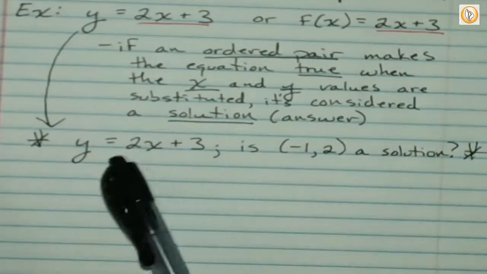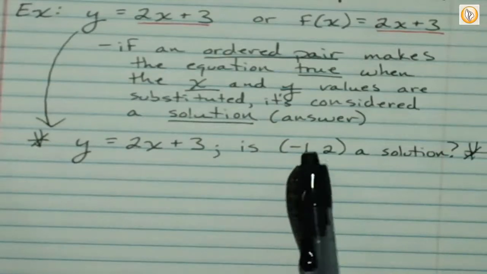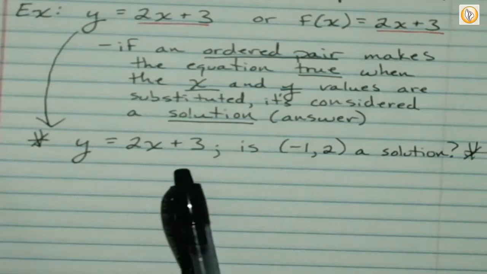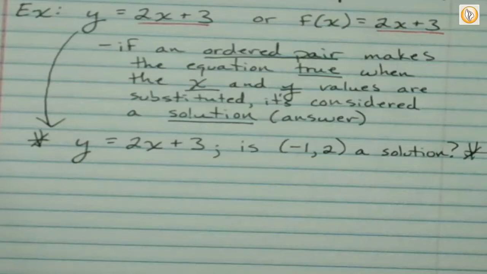So here's my equation. They gave me an ordered pair and they want to know, is that a solution to the equation? Is that a true statement, basically?